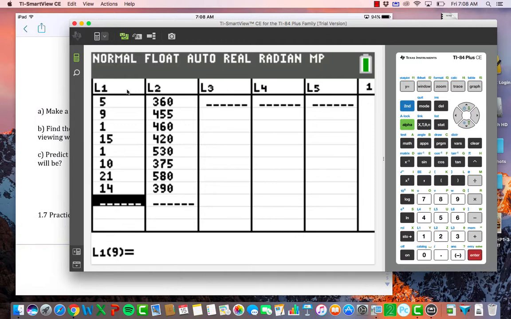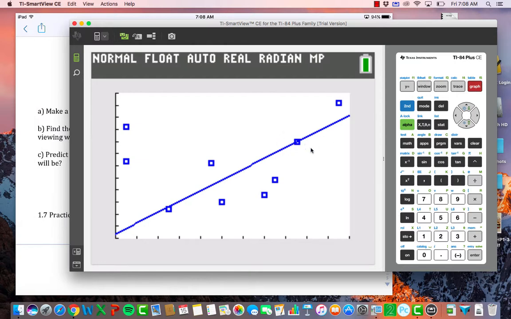I want to add one more point. I want to add that 17.075, 500 point. And I know that this one's going to be on my line because I predicted it.